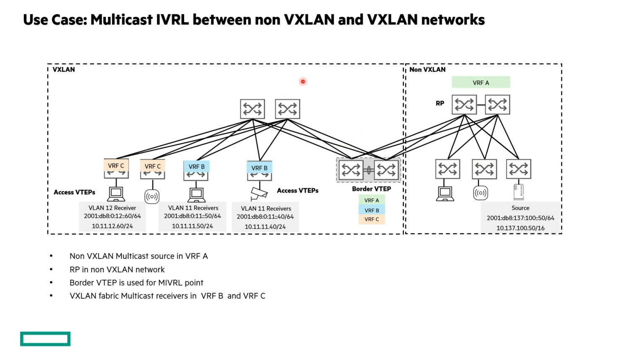The next use case is multicast IVRL between a non-VXLAN and a VXLAN network. We have the source VRF with a rendezvous point in a non-VXLAN network, and we want to feed multicast sources from that VRF into a few VTEPs that have VRF B and VRF C respectively on them.